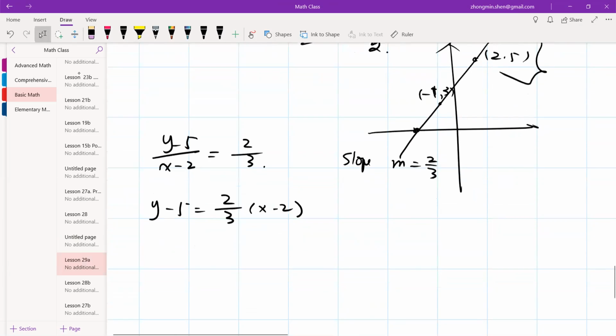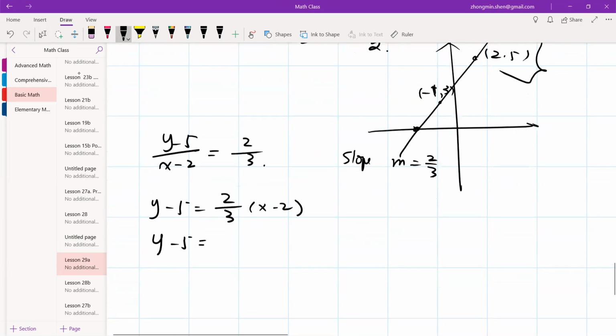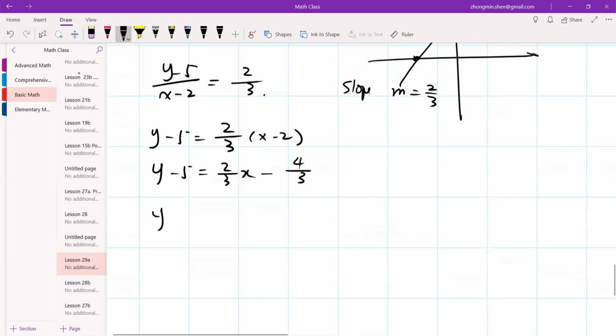Okay, and you can simplify it. y minus 5 equals 2 over 3 x minus 4 over 3. Then I'm going to move 5 to the right-hand side, and when you combine them, you get y equals 2 over 3 x plus 11 over 3.